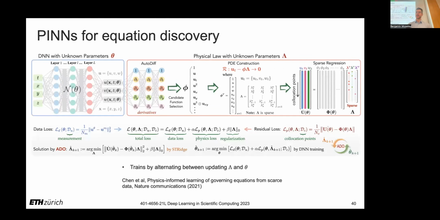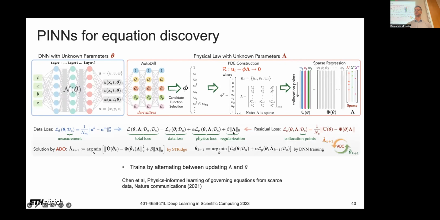Okay, so there was a paper that came out very recently in Nature Communications, which is basically this exact idea that I just described to you. They added lots of bells and whistles to it as well, but it is basically what I just described. You have a loss function where you're minimizing the network's prediction against some observational data. You have your physics loss, but inside the physics loss is this differential operator, which is flexible and depends on these coefficients lambda.